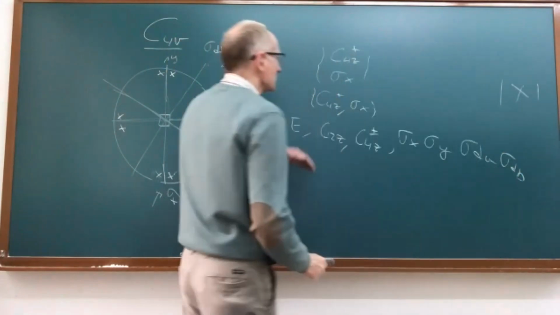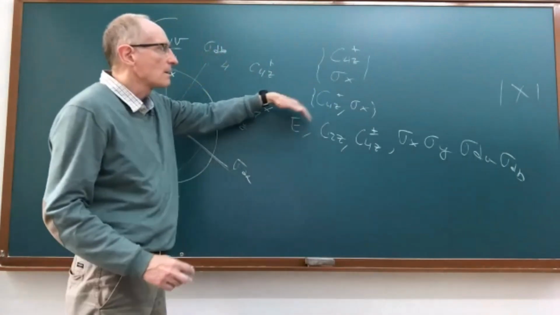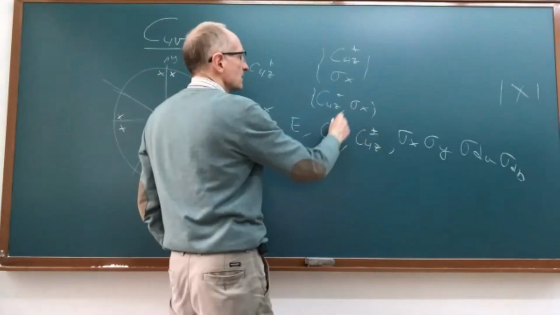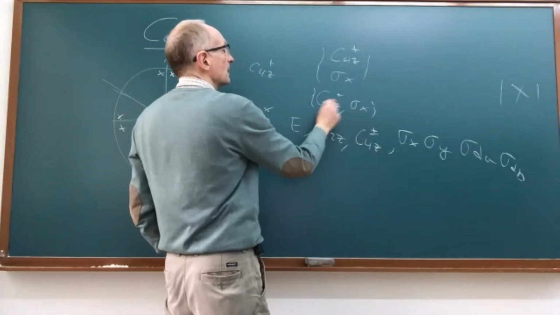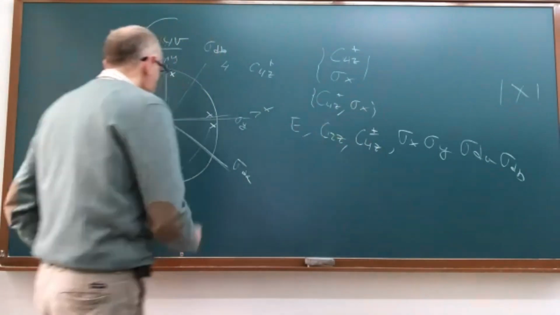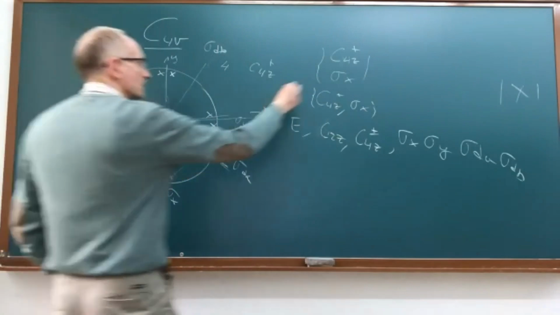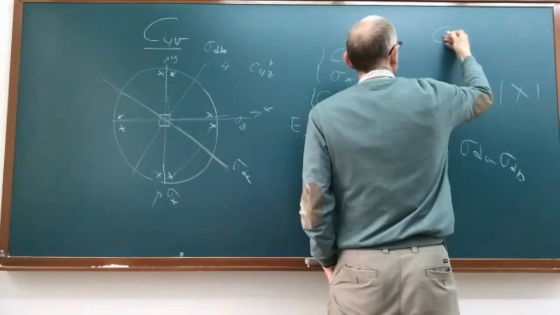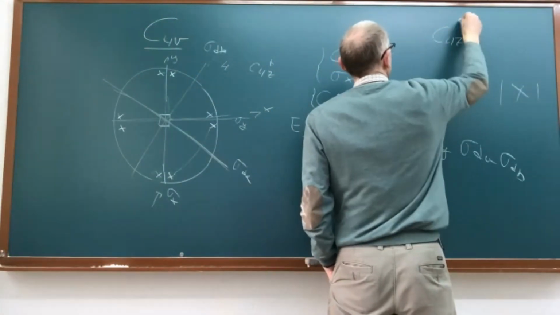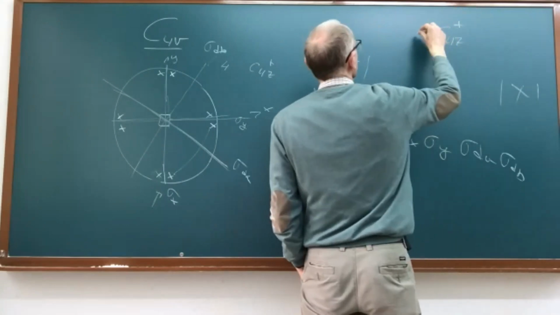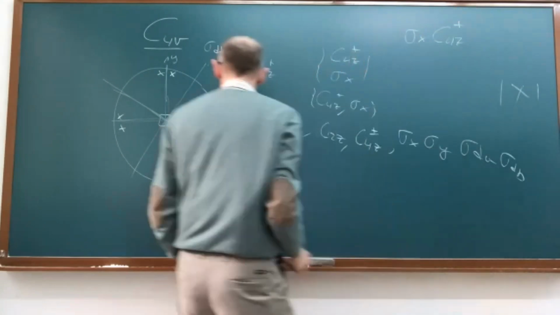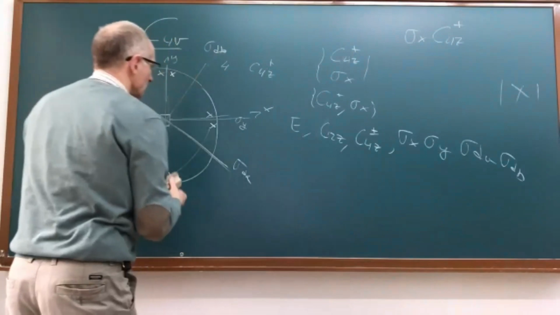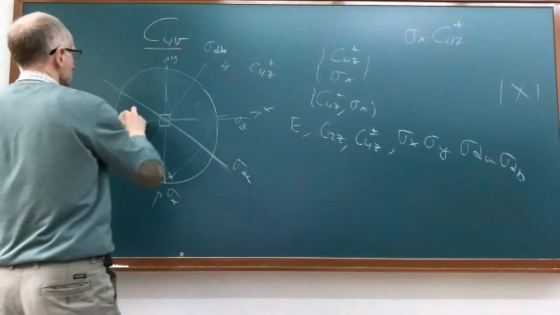The idea is that any other element in the group can be obtained by operating with just these two elements. For instance, let's assume that I act first with C4, and then with sigma x. What do I get? This.